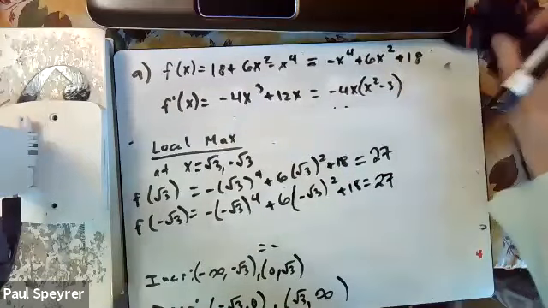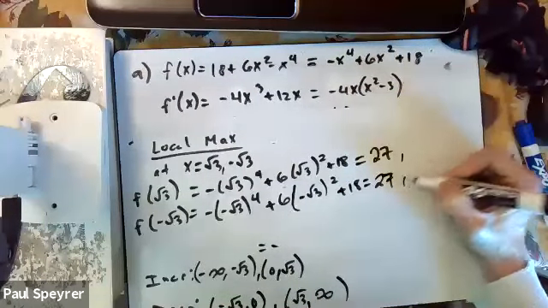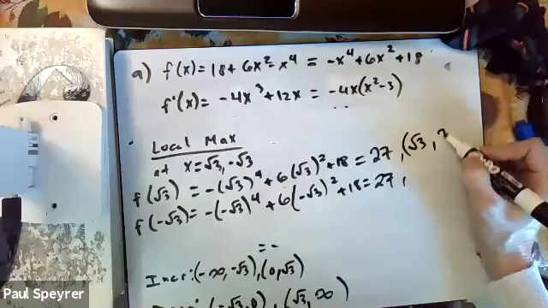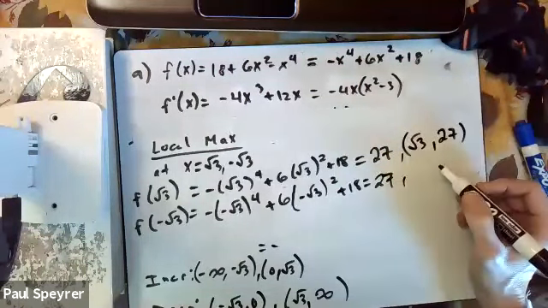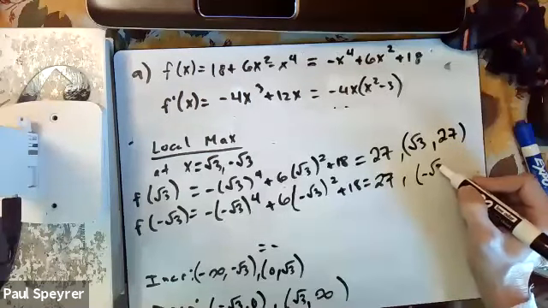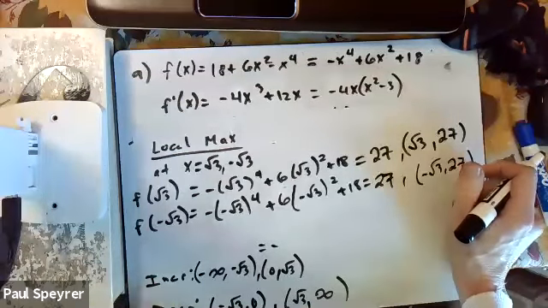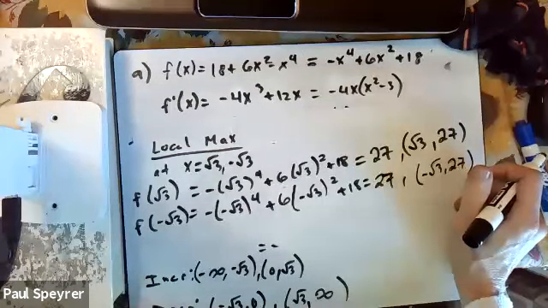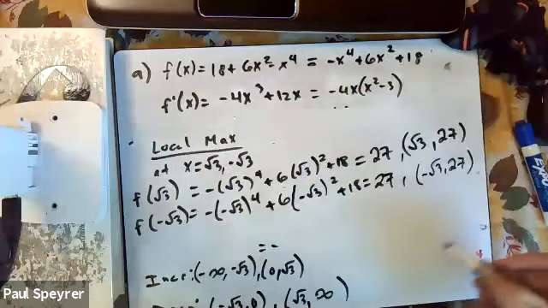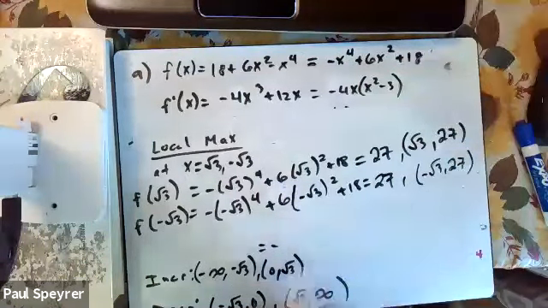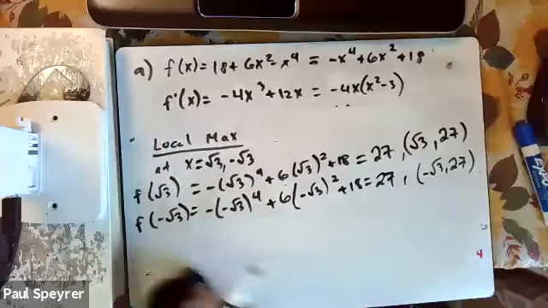So as a final answer, you would say we have a local max at root 3, comma 27, and also negative root 3, comma 27. And we had that other hump at 0, which I erased. So that was the local min.